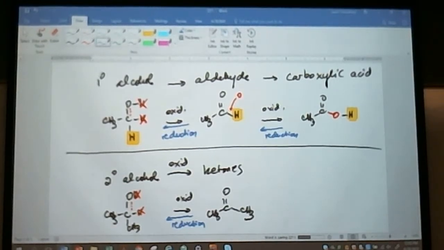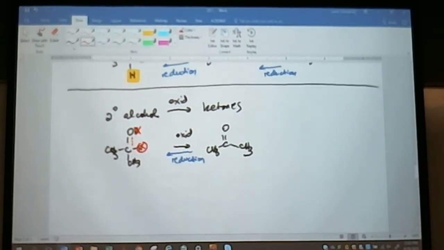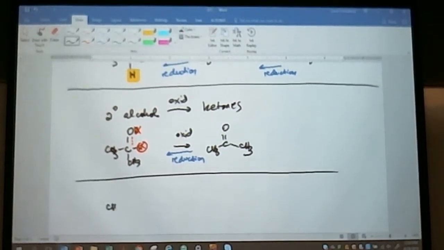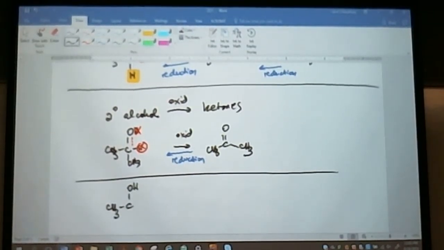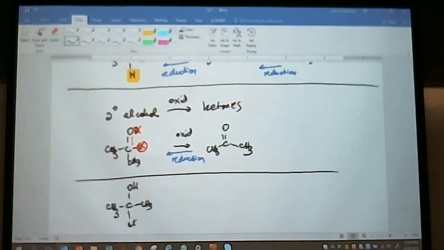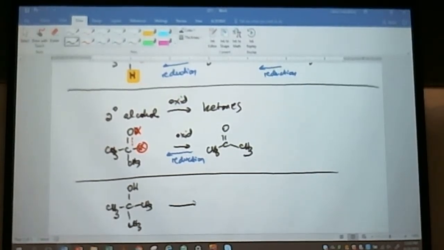And then tertiary alcohols can't be oxidized, right? Correct. I need at least one hydrogen to be removed. So if I had a tertiary alcohol, I cannot oxidize that because there is no hydrogen here to remove. So this cannot be oxidized. Okay?